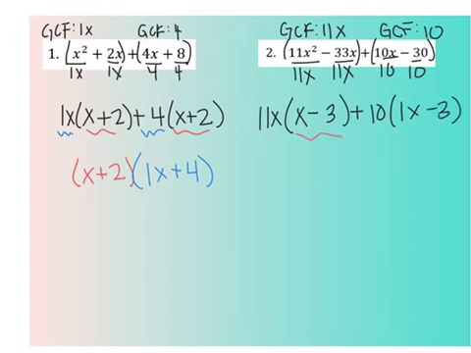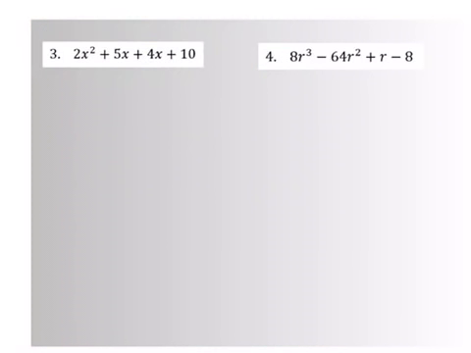The inside parentheses match, so I know that I'm right, so I have an x minus 3 or a 1x minus 3. And then my GCFs are my second set, so 11x plus 10, and that would be my final answer.